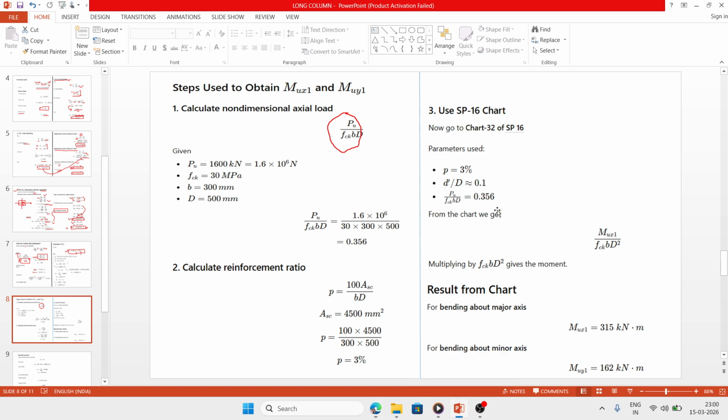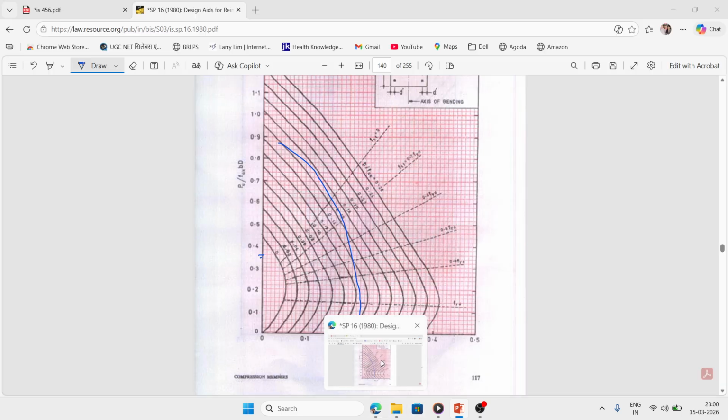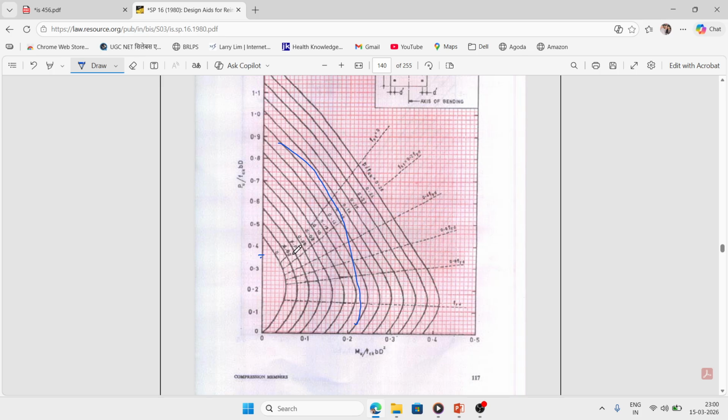Pt by fck is 3 by 30, that is 0.1. So you have to see here 0.1, and find the corresponding value.